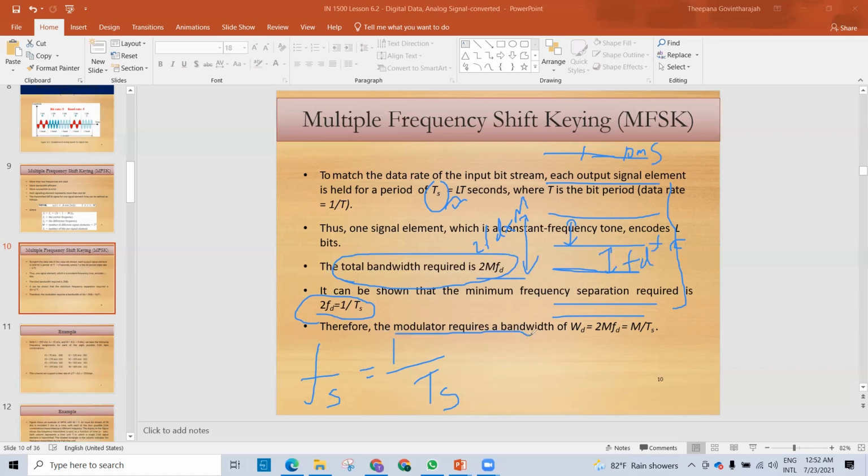Total bandwidth, also denoted by WD, as we have already seen, is 2MFD, and if we substitute 2FD by 1 over TS, then it also gives us the formula M over TS.